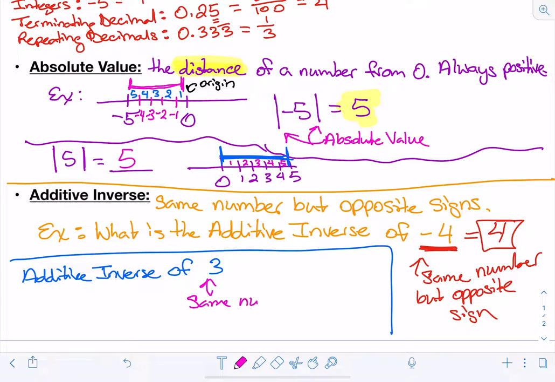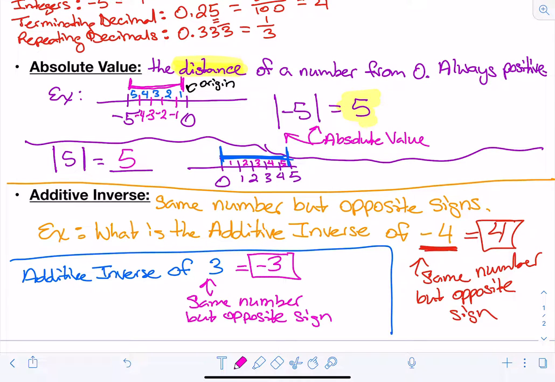Same number, but opposite sign. So the additive inverse of 3, same number, so we know it's going to be a 3, but it's going to be the opposite sign. And the opposite of a positive is a negative. So it's going to be, oopsie, my pen wasn't working. It's going to be -3.